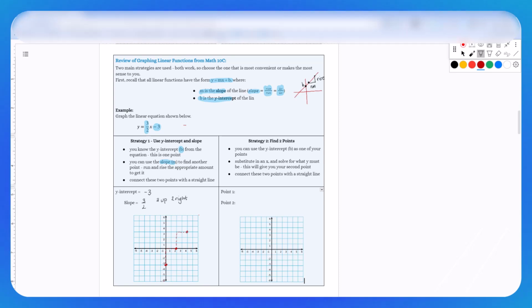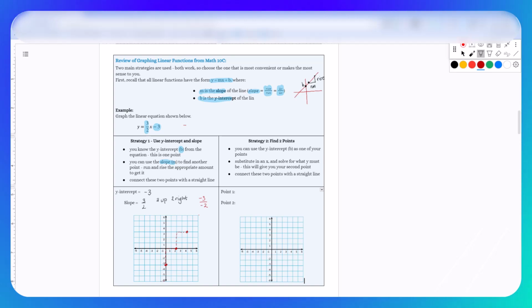And go from there. Now keep in mind, depending on how big the graph is and where your y-intercept is, you might not be able to move in one direction. In that case, you're going to consider a slope of the opposite signs, because -3 over -2 is still 3 over 2.